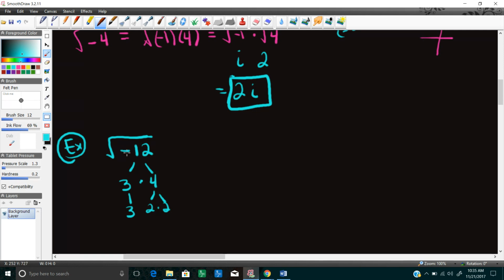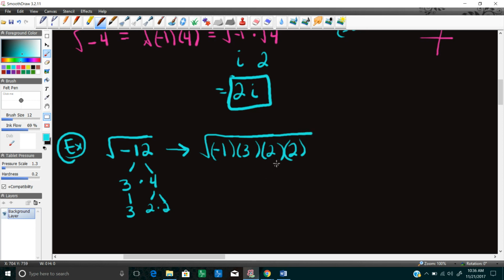And then I have that negative. Remember that negative is the same as that little -1. So I'm going to rewrite this now as the square root of -1 times 3 times 2 times another 2.